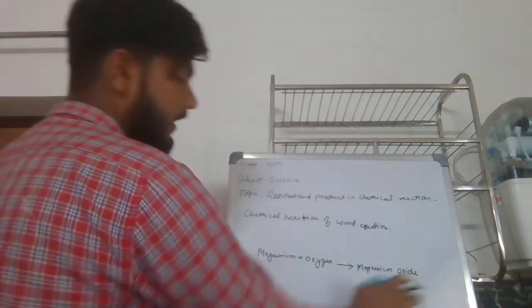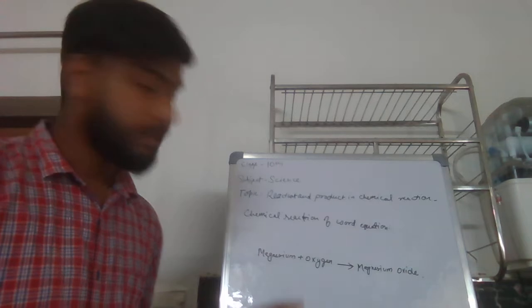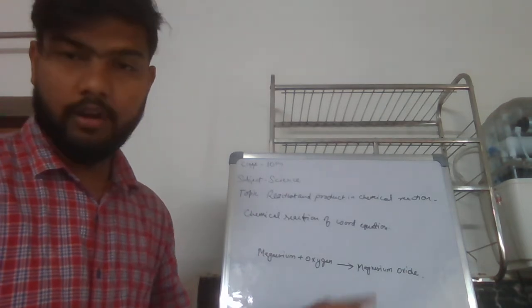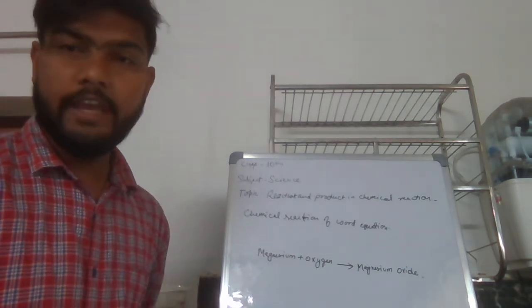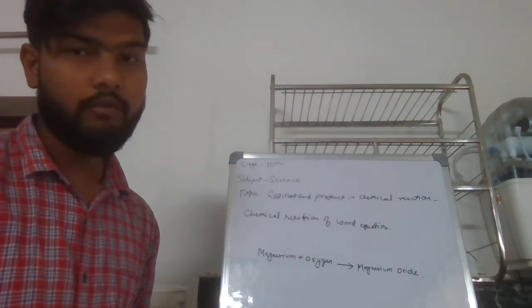So this is the reactant, and this is the product. Okay, I hope everyone is clear what a word equation is and how we have to write it.